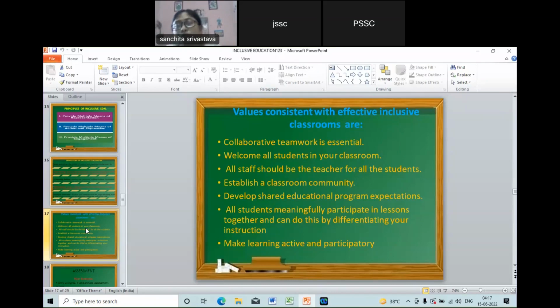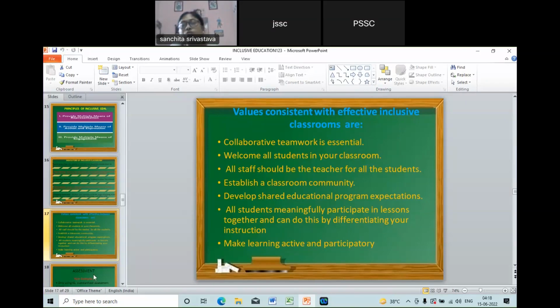Every student's meaningful participation in the lesson together can be done by differentiating the instruction. Meaningful participation means every child should participate equally. So you are going to design the pedagogy according to the needs and interests of your classroom. And the next point, making learning active and participatory. Every child should be participating in this program.